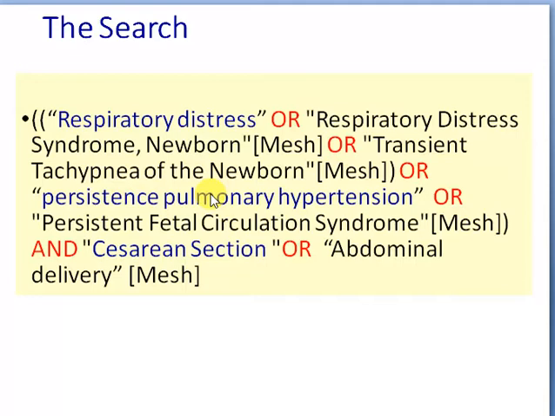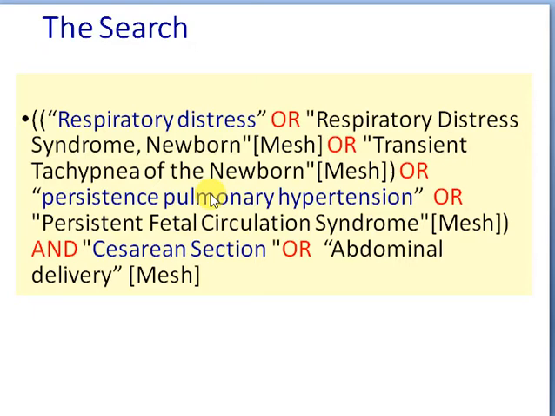Then we have to connect it, because our topic of interest is cesarean section, whether cesarean section can cause or affect respiratory distress or not. So the study should be connected by using AND after stating respiratory distress or respiratory distress syndrome.